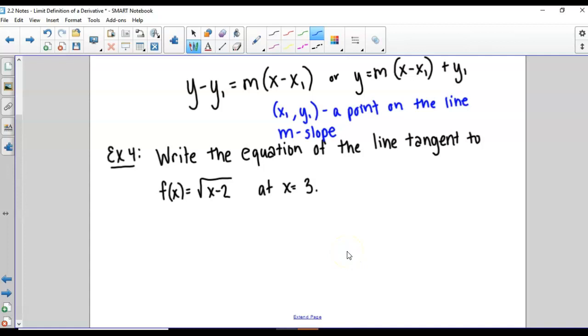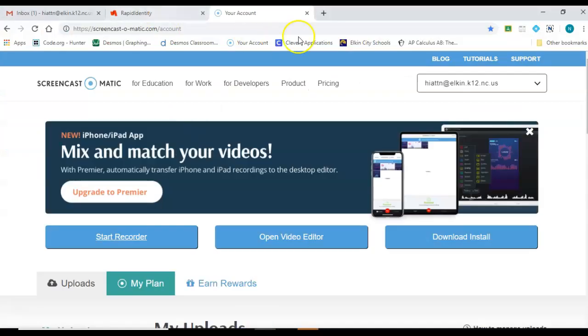So whenever we are given an equation and we're asked to write the equation of the line tangent to f of x equals square root of x minus 2 at x equals 3, we need a point on the tangent line, and then we need to know the slope of that tangent line. So I'm going to pull up the graph real quick here of this.